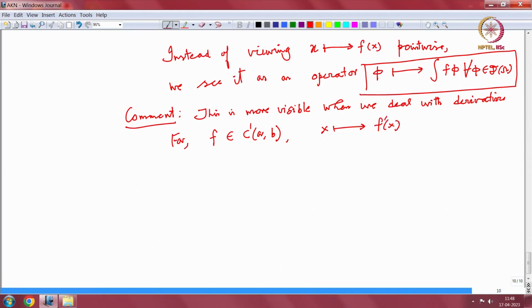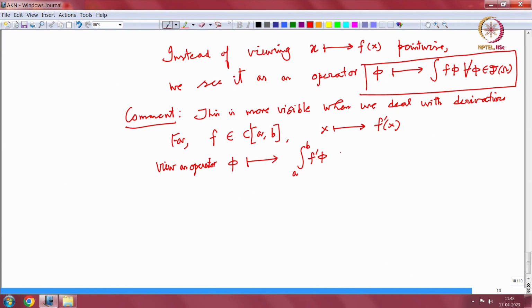But the whole motto was to get out of this pointwise approximation, view it as an operator, phi going to integral from a to b, maybe C1 on the closed interval [a,b] to avoid any boundary problem at this stage, of f prime phi. So I am trying to understand f prime as an operator.